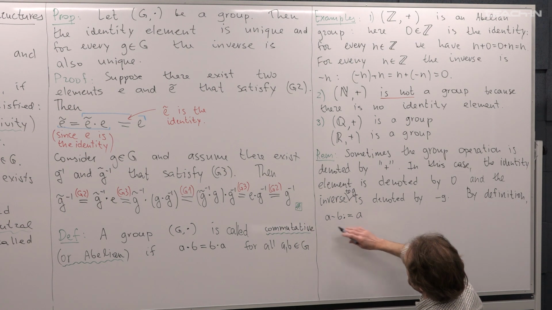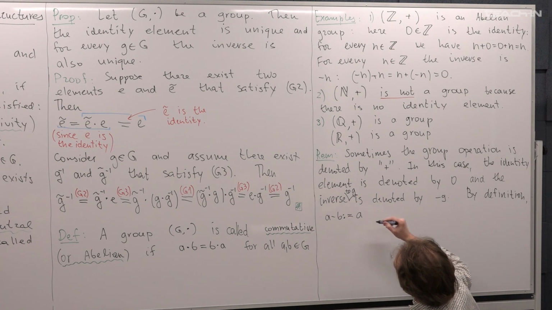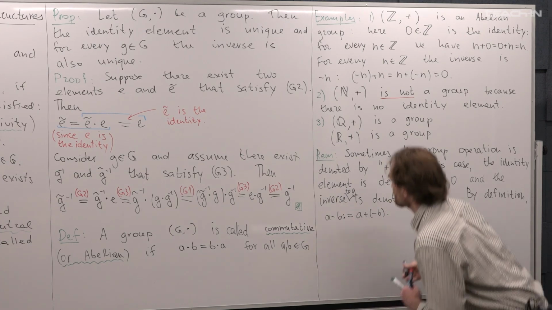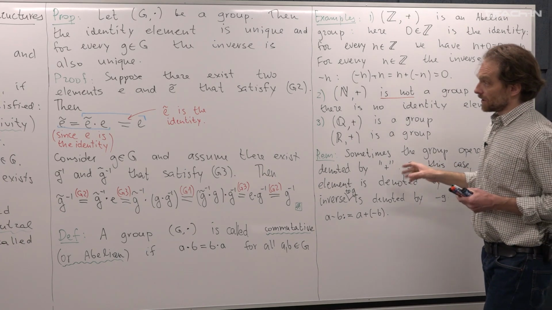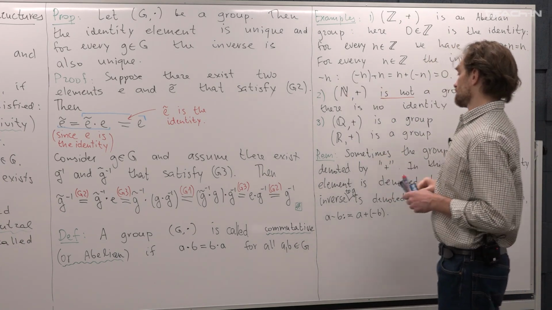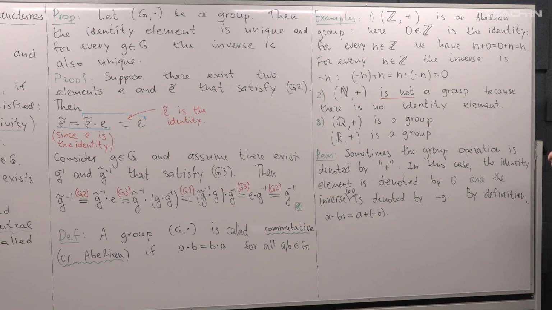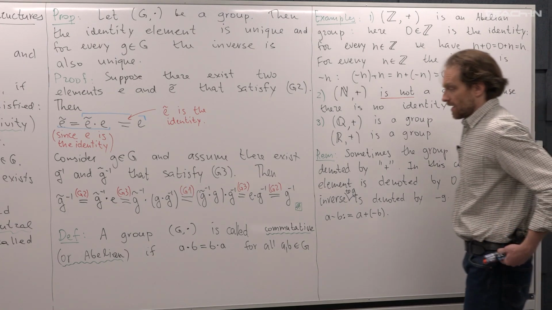So a minus b by the definition is equal to a plus the inverse to b. So this form of the group is also sometimes used, as we see here, and that's why sometimes we will use the notation with dot, and sometimes we will use the notation with a plus.